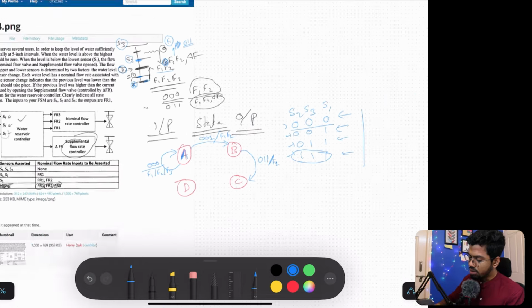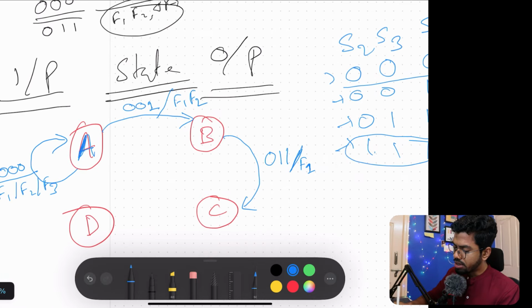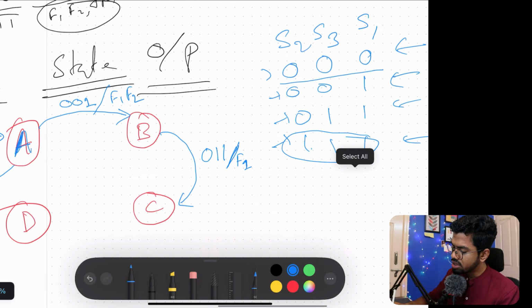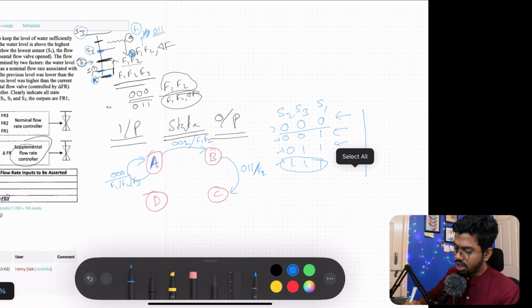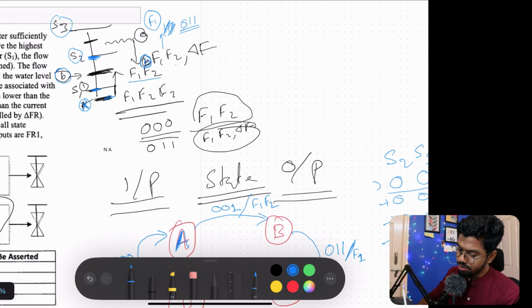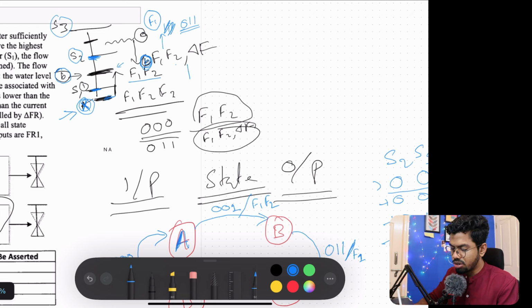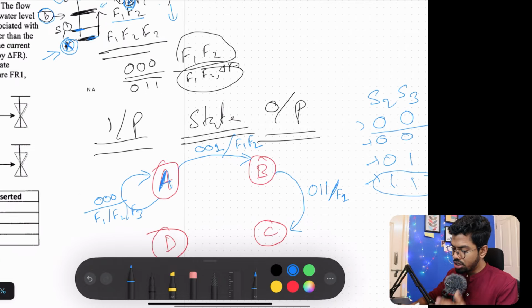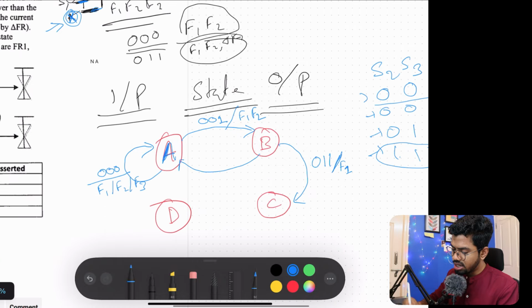And now 111 is not possible, but if you get an input combination of 0 0 1, which implies your water level is going down from B to point X, or you were previously in a higher position but you are going to a lower position, your water is getting reduced, which implies for sure you will again be in state A if I receive a 0 0 1.